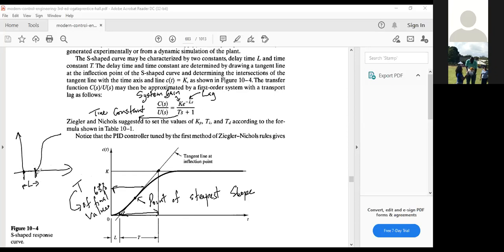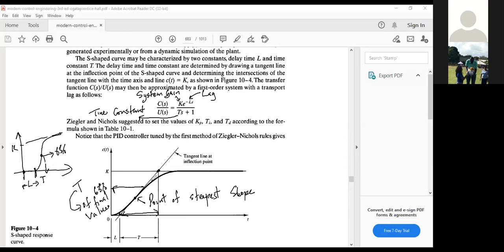So you would find 63% on here, so that would be your T. You don't need K, but K is the final value that we'll go to.